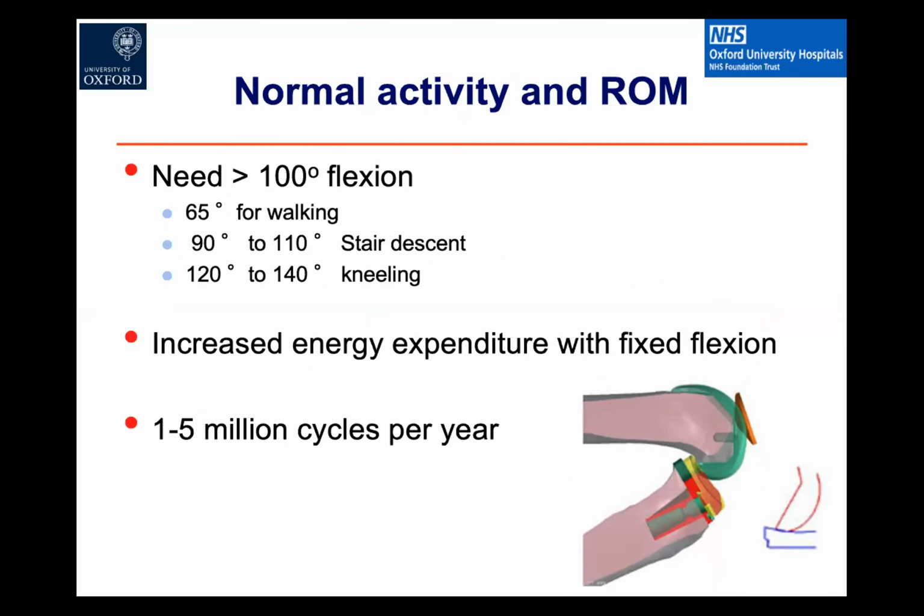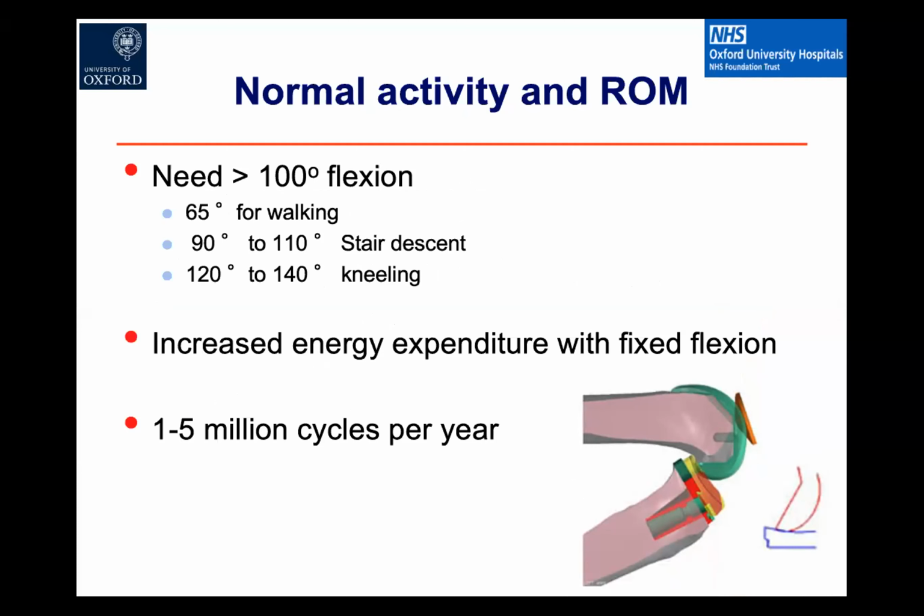So for a normal knee, what do you need to be able to do? In a normal knee, generally, if you can get more than 100 degrees of flexion, you're able to function very well. You only need around 65 degrees to walk, just over 100 to be able to climb downstairs. And for some societies, for cultural reasons and religious reasons, you definitely need to be able to kneel, and that is between 120 to 140 degrees.